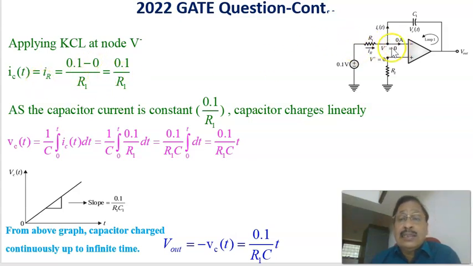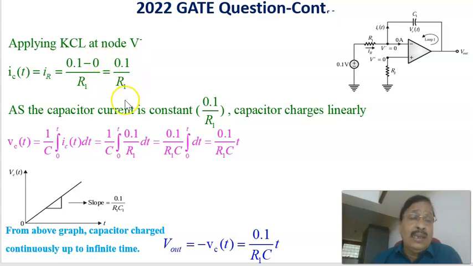Since the input impedance is infinite in the ideal case, the current into the op-amp is equal to 0. So whatever current comes to this node goes through the capacitor also. Therefore, the capacitor current is equal to the current through the resistance, which is 0.1 minus 0 divided by R1.